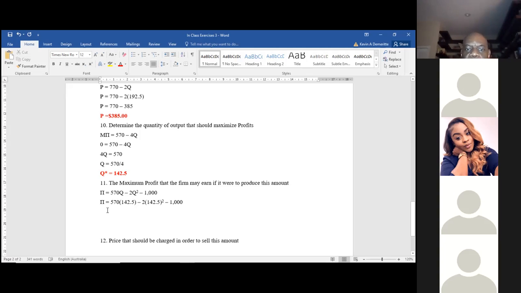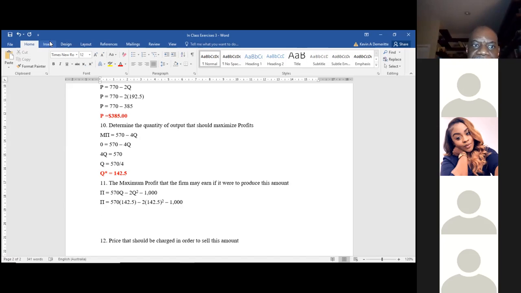All right, so all I did is I plugged in 142.5 wherever I saw Q. Because what we're trying to do, we're trying to find how much profit we're going to earn when we produce 142.5 units. So Q has to be 142.5 wherever I see Q.